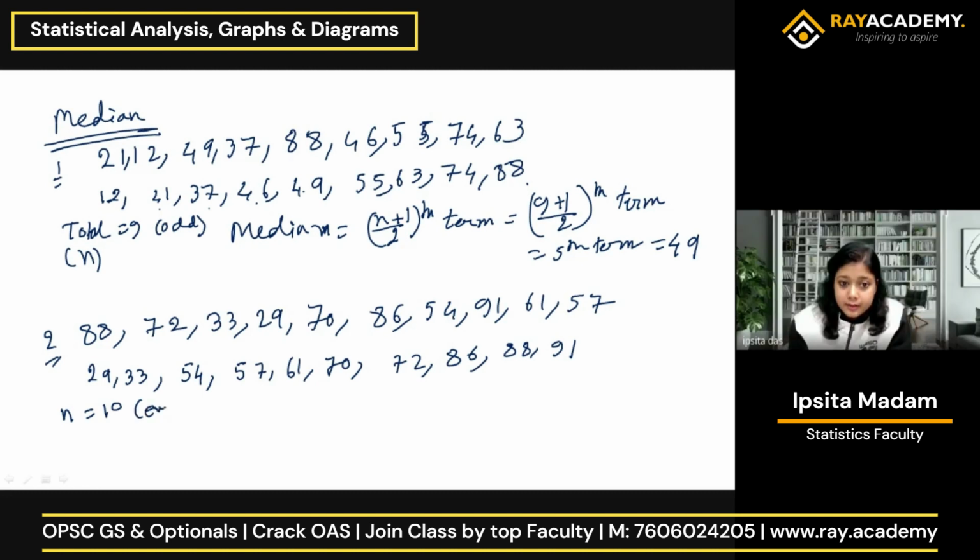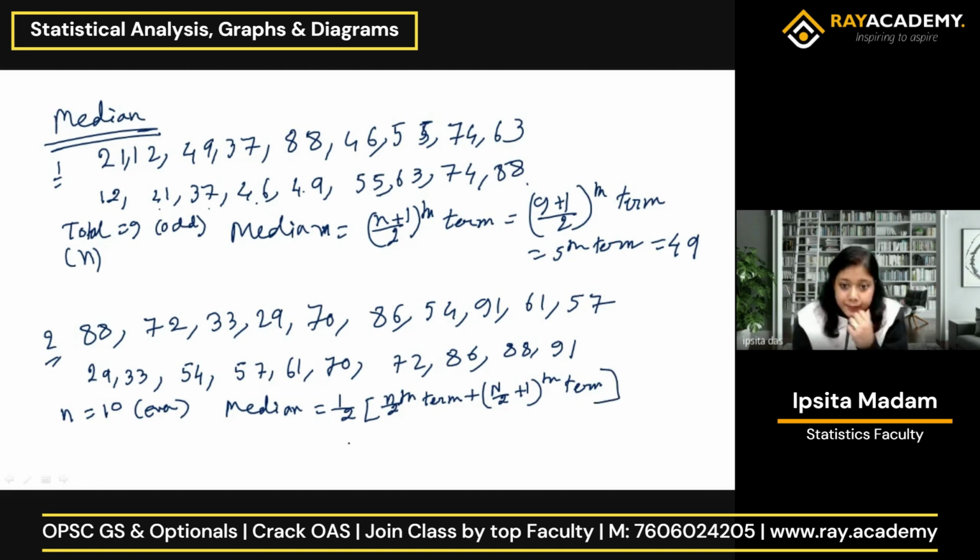That is even. So the median will be half of the (n by 2)th position plus the (n by 2 plus 1)th position.